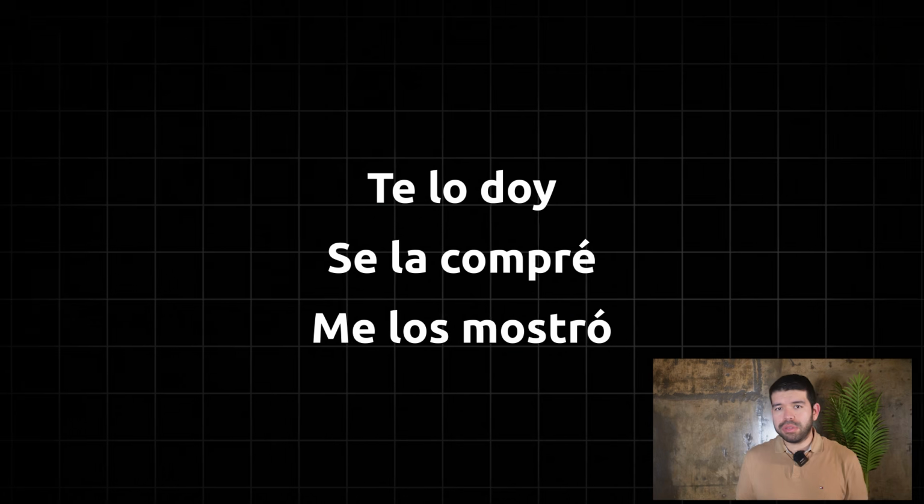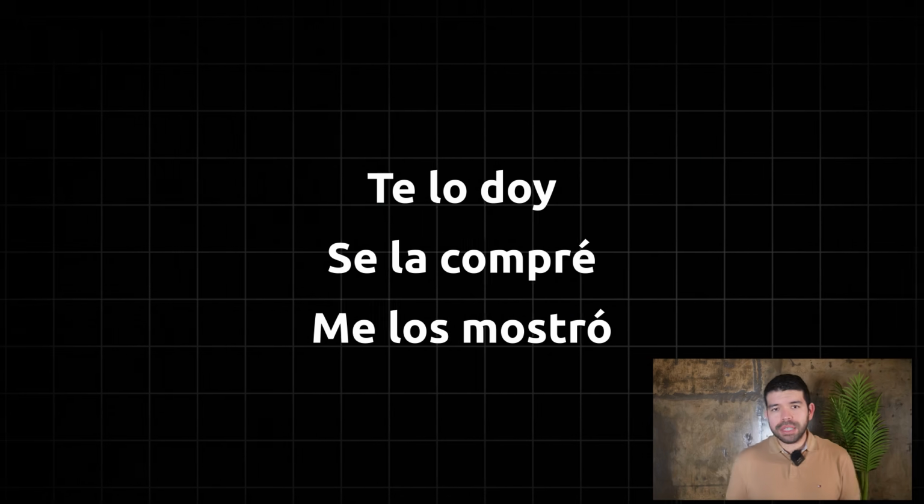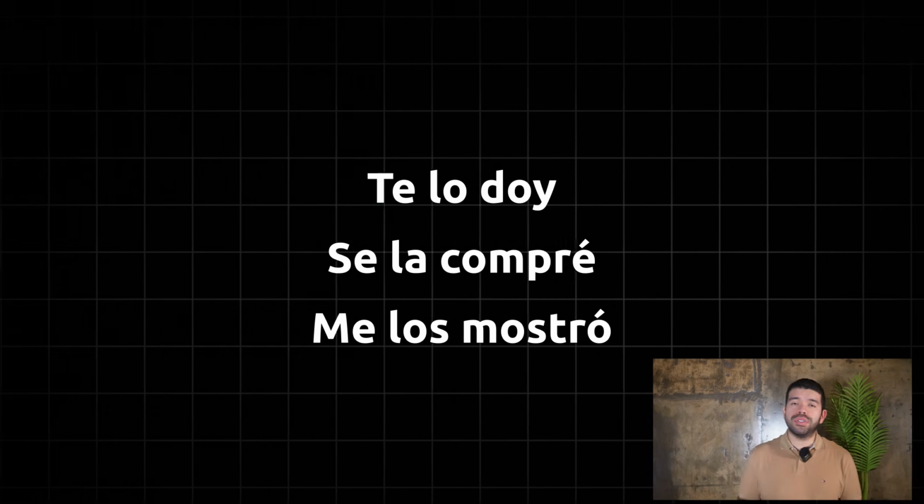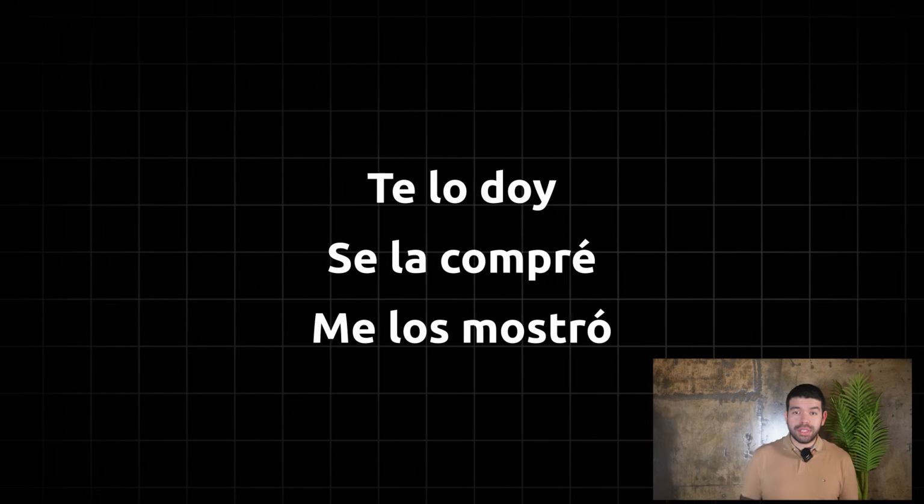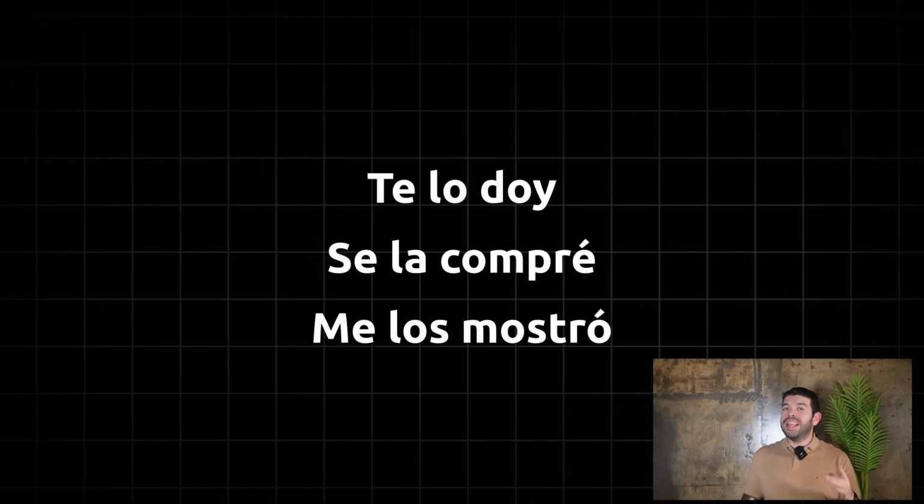The first pronoun tells you who receives the action. The second pronoun tells you what receives the action. And remember, le and les become se before lo, la, los, las. That's the key rule. That's a very important rule that once you start practicing, it's going to be automatic, I promise, okay?